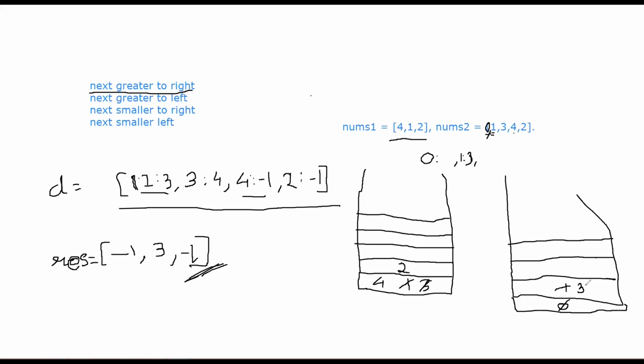Okay. I'll take another example actually. That will make the approach more clear. I think we are finding the next element just next to it. Maybe if there are multiple elements lesser than the previous element.